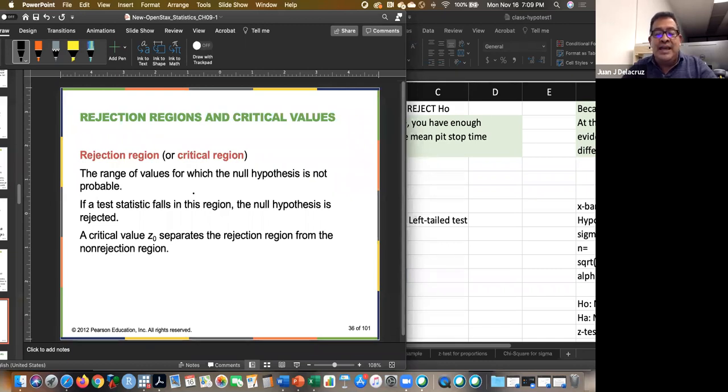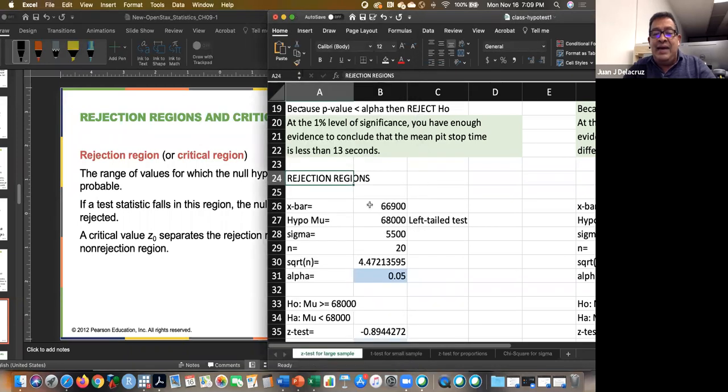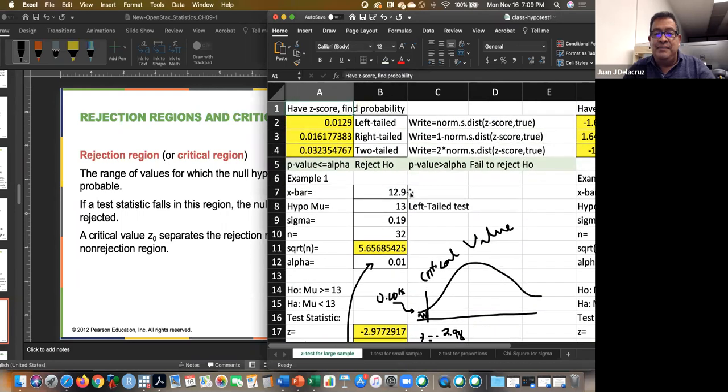In the second case, rather than comparing the area under the curve, remember the p-value represents the area under the curve, and the alpha represents the level of significance. So we can use the z-score of this.